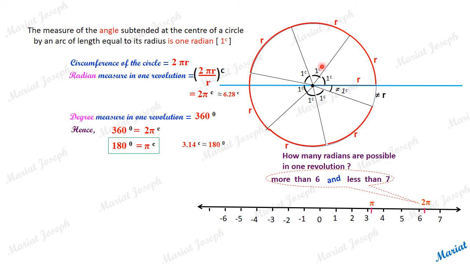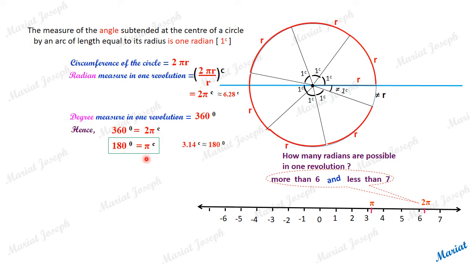In this 180 degrees, how many radians could we cover? Look. 1, 2, 3 and a little more. That little more is 0.14. So 3 and 0.14 makes it 3.14 radians. That is what is covered in 180 degrees. It will be wrong to say pi is equal to 180.